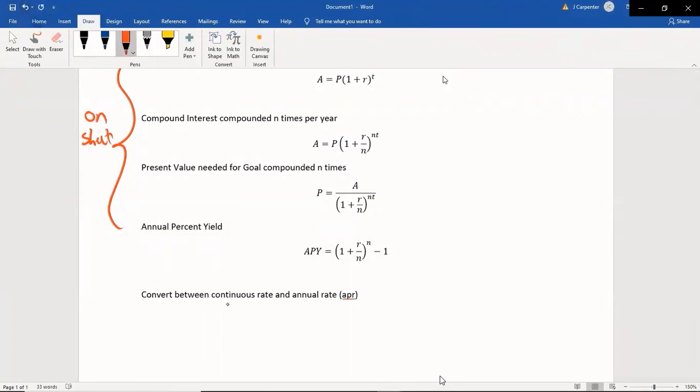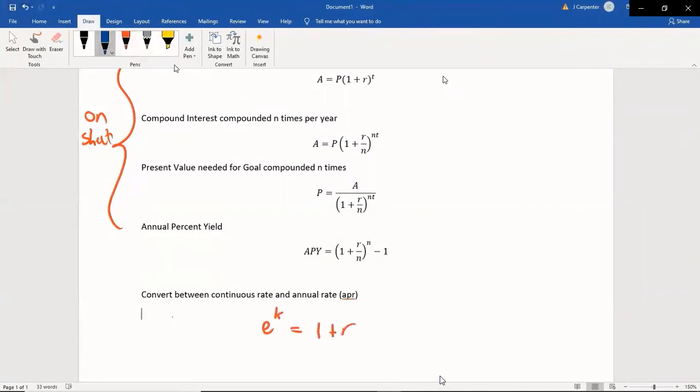And that was that e to the k, it's a terrible looking k, is equal to 1 plus R. R plus 1, 1 plus R, it's the same thing.